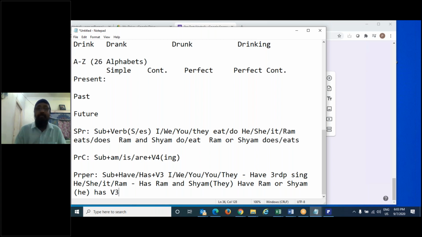That means whenever there is a have or a has, it needs to be followed by verb form 3 and no other verb form. I have eaten, she has eaten, he has drunk, I have drunk. So the third form verb is always to be considered along with have or has. Please keep this in mind as well.